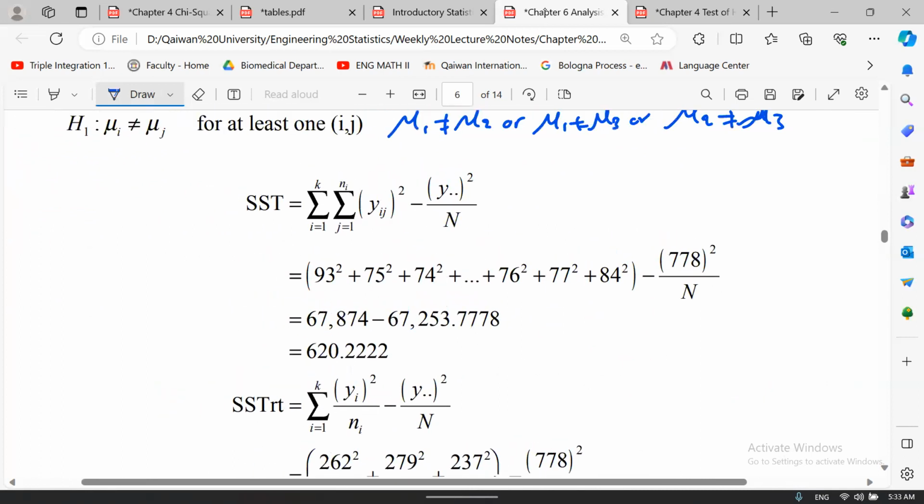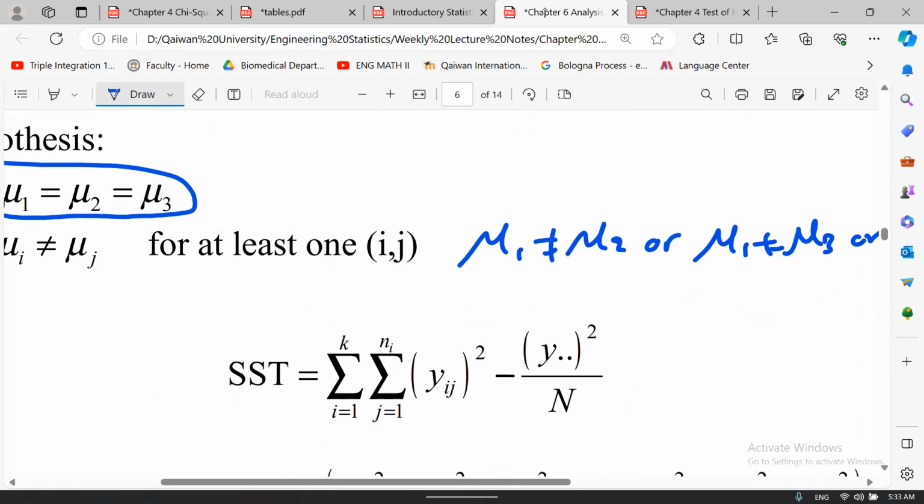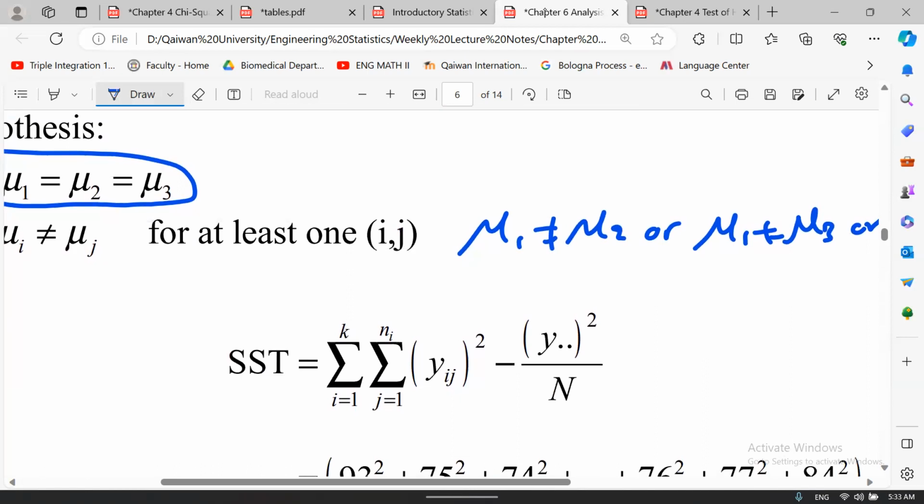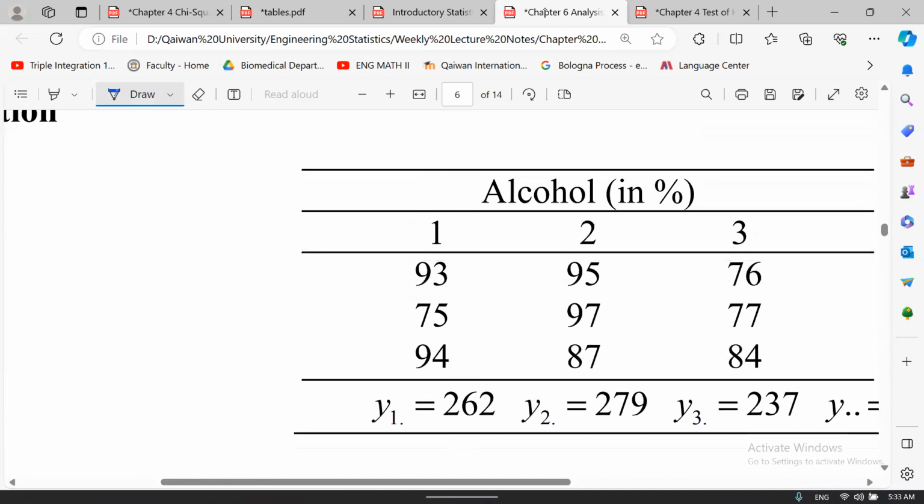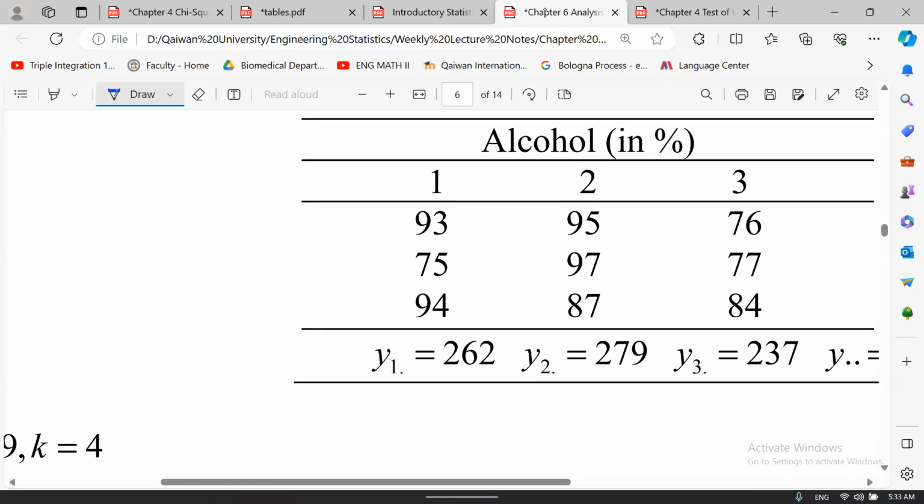Now, we calculate SST. SST is each element squared and the sum of them. How many elements do you have in the total levels? In all levels, 9. We say it's 93 squared plus 75 squared plus 94 squared plus 95 squared plus this one squared plus this one squared plus these all squared.